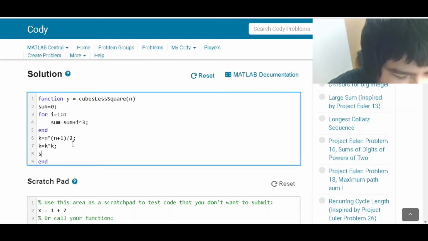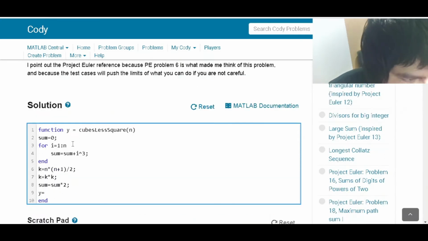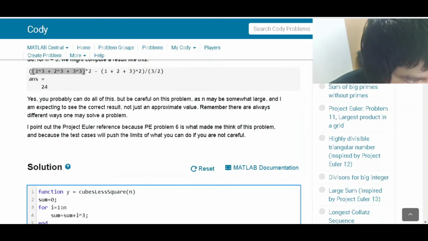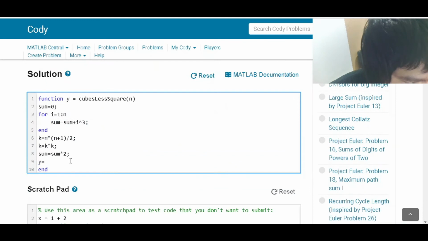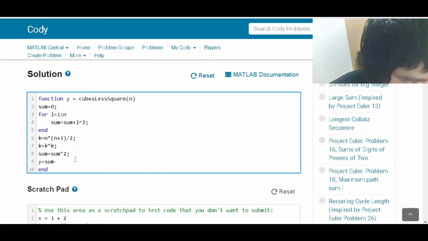And also we're gonna make sum equals sum times 2. And the answer, which is y, is gonna be sum minus this, which is k in this case, and we have to divide it over n over 2.